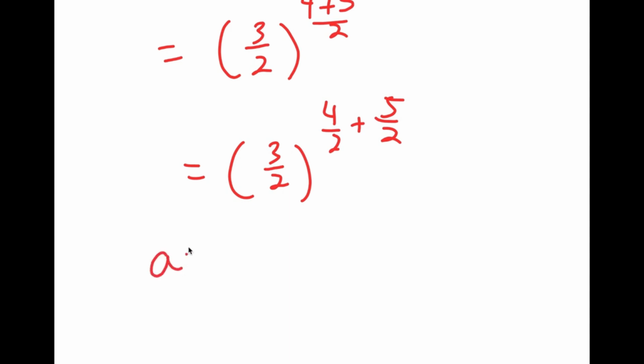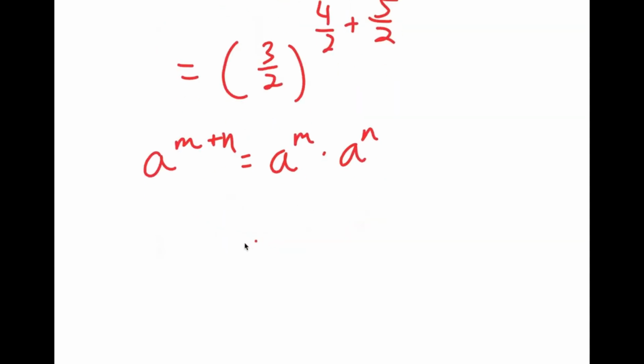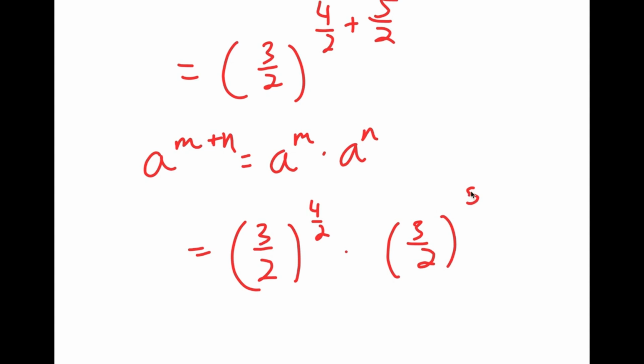And if I have something in the form a to the power of m plus n, this is equal to a to the power of m times a to the power of n. So this is going to equal 3 over 2 to the power of 4 over 2 times 3 over 2 to the power of 5 over 2.